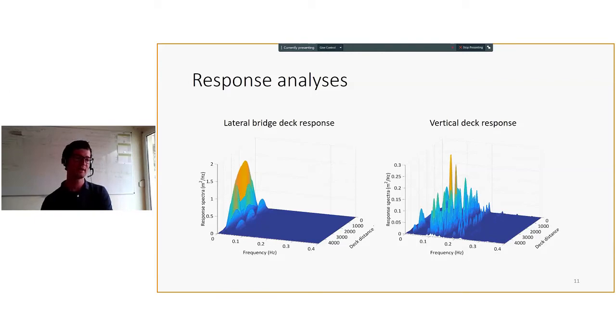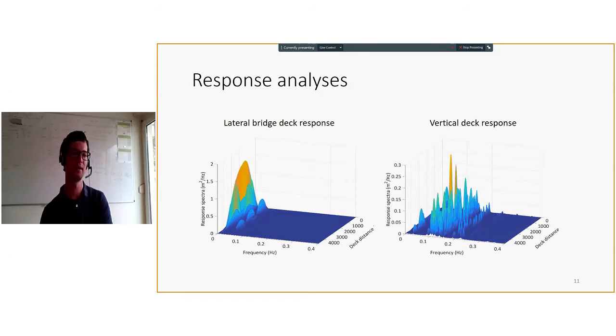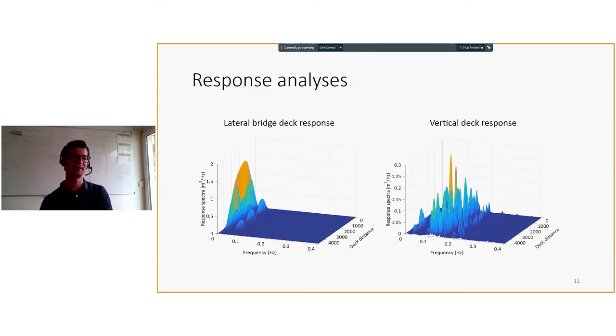That means that if our load model is frequency independent, then for sure we have to use a frequency independent load model to capture all these frequencies properly. Otherwise, with the quasi-steady assumption, we are just technically picking up one frequency and assuming that this is the same for all of them.